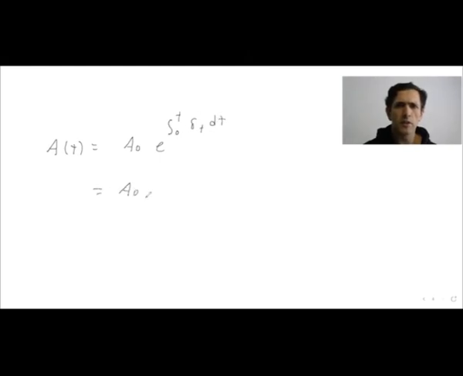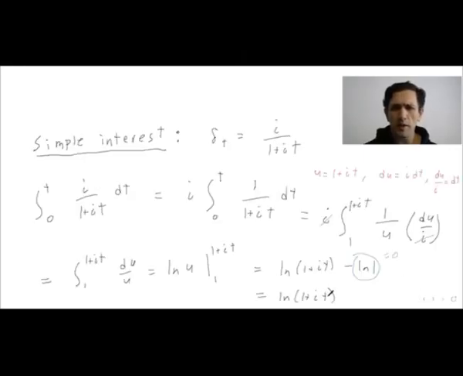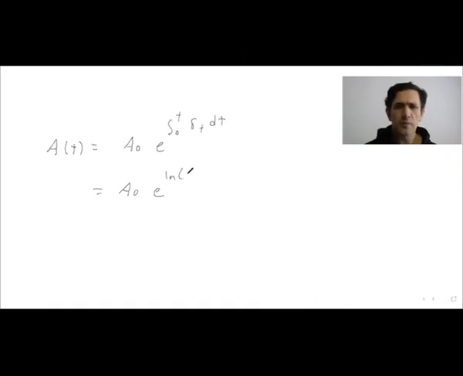We computed this integral just a moment ago to be ln of 1 plus it. So the e undoes the ln to get our familiar simple interest formula, a naught (1 + it).